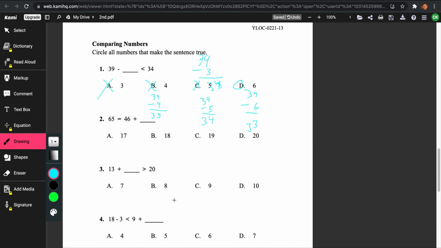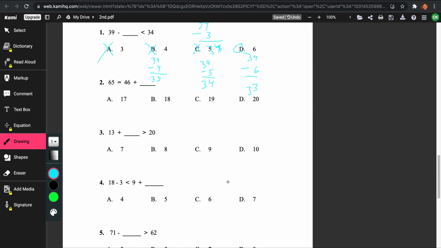Okay, let's do number 3. 13 plus blank is greater than 20. So the value over here has to make the total bigger than 20. Let's try A. 13 plus 7, that's 20. But 20 isn't greater than 20, so A would not work. Let's try B. 13 plus 8, that'd be 21.